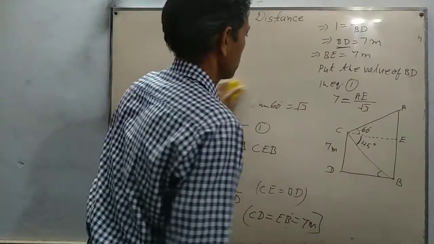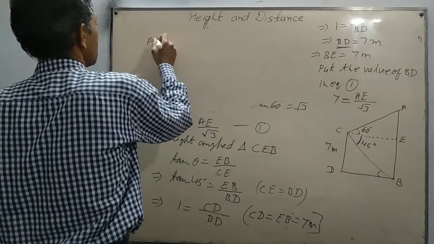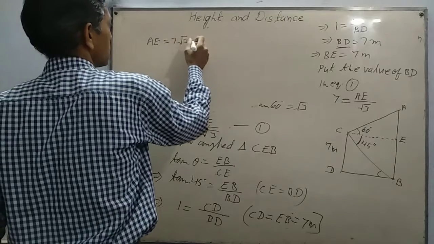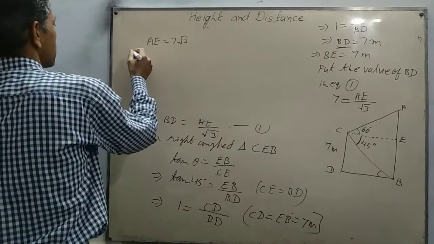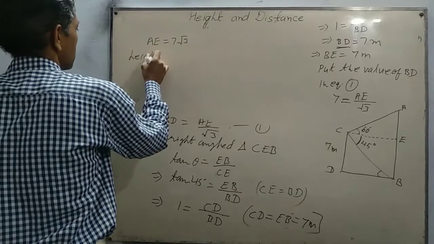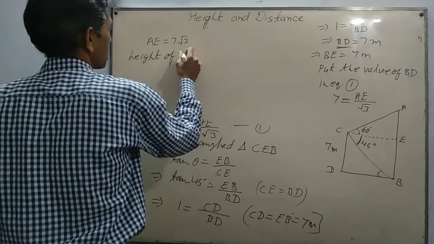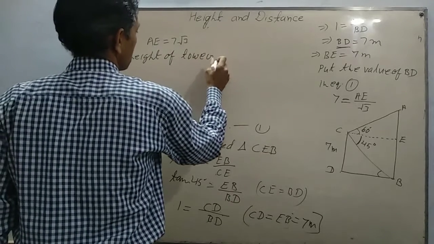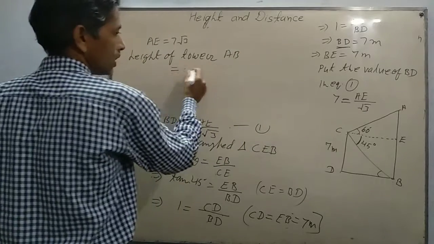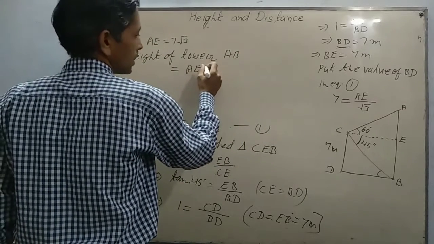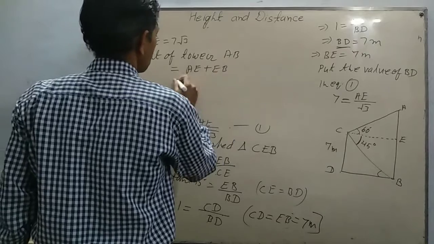So AE is equal to 7 root 3. Height of tower AB is equal to AE plus EB.